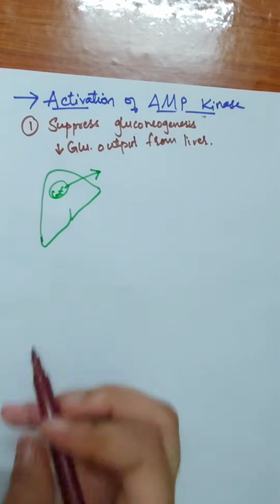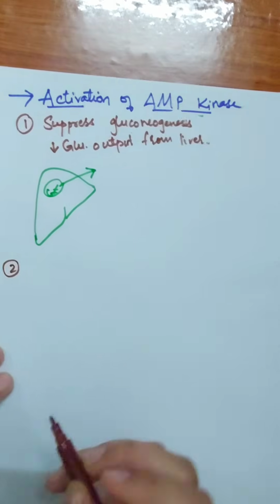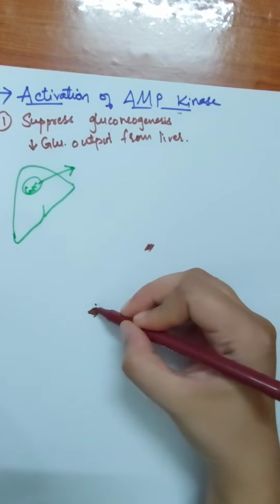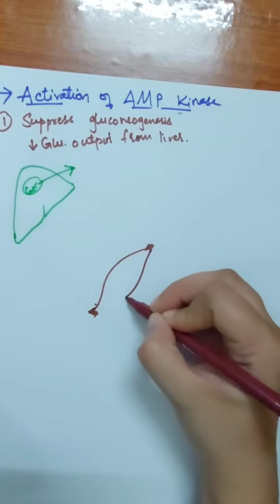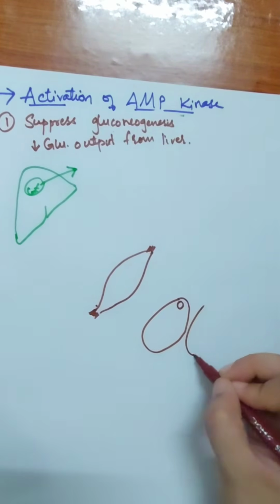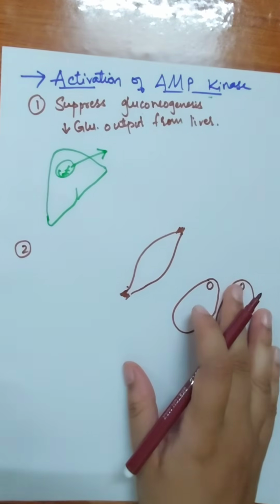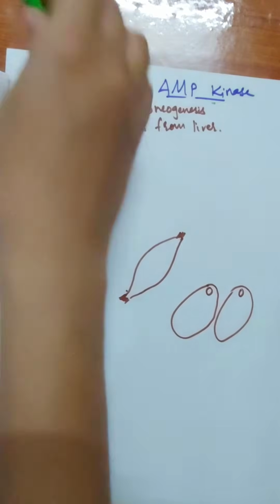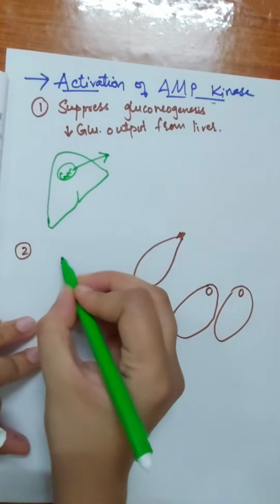Second mechanism, what is the second mechanism? Suppose this is your skeletal muscle, and suppose this is your fat cells or your adipose tissue, a better way to put it. So what happens is, the role of insulin. What is the role of insulin?